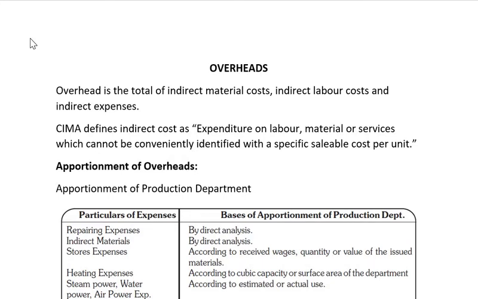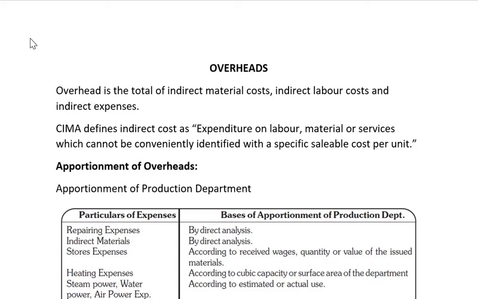And as the units produced decrease, the cost of direct expenses decreases. But in the indirect expenses, as the number of units produced increases, it will not affect the indirect expenses. Or if the units produced decrease, it will not affect the indirect expenses.